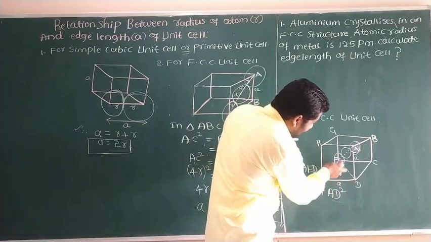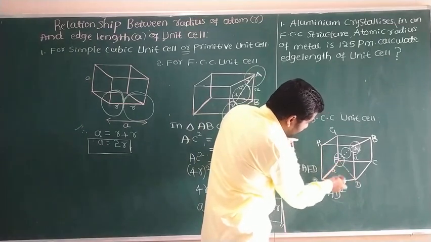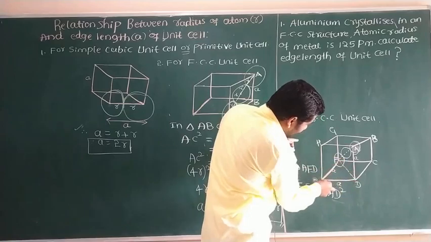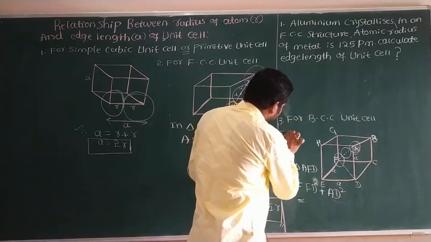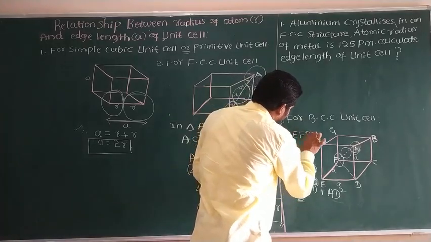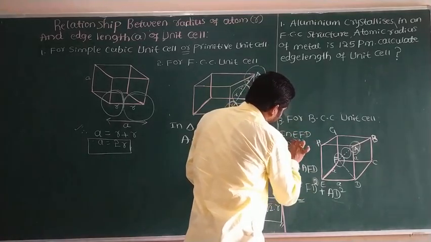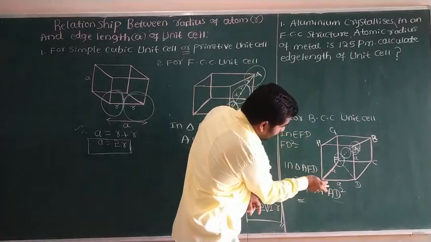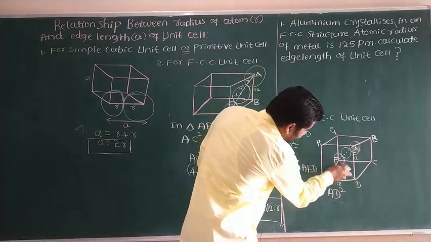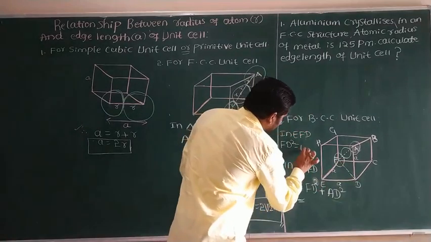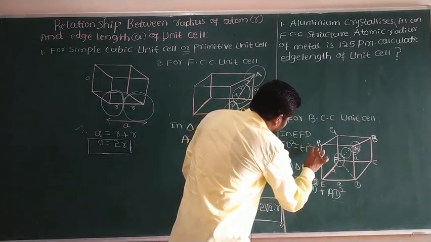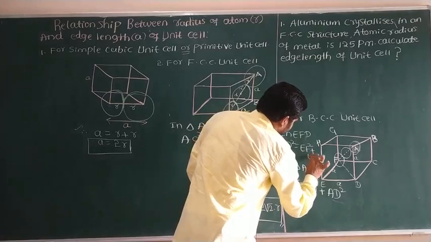In the triangle EFD, FD square equals EF square plus ED square.